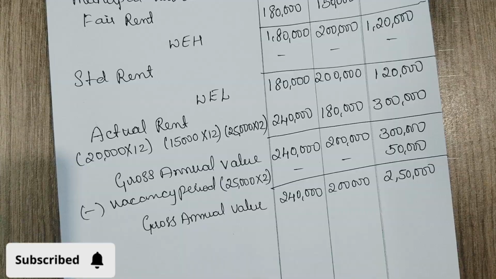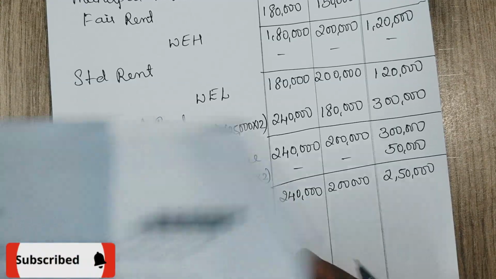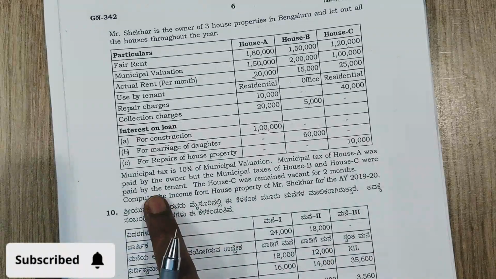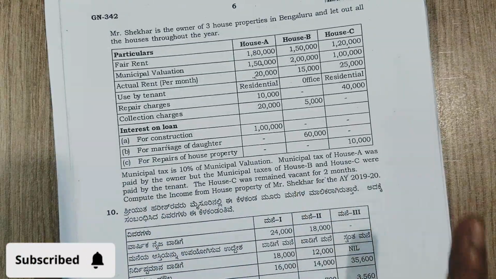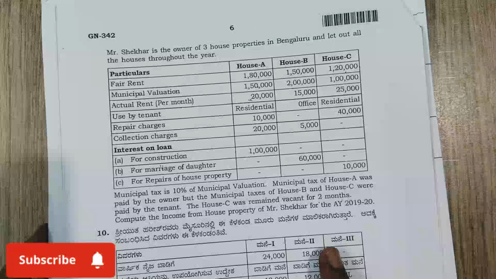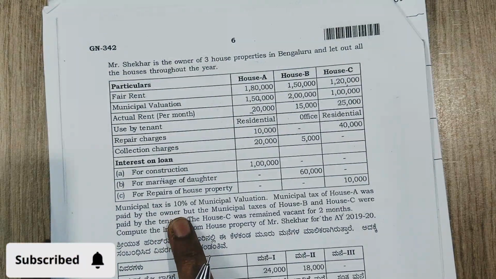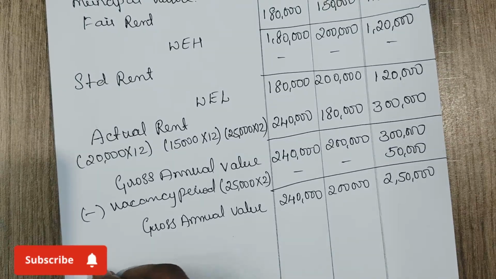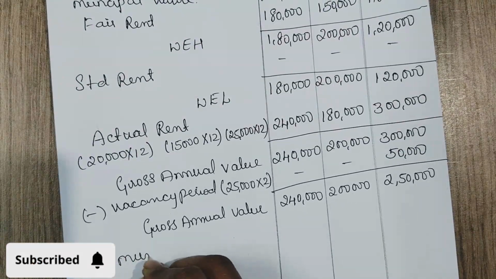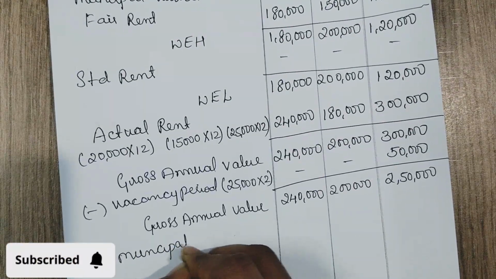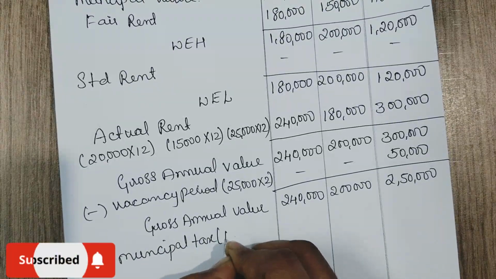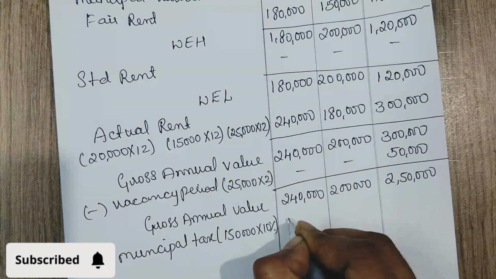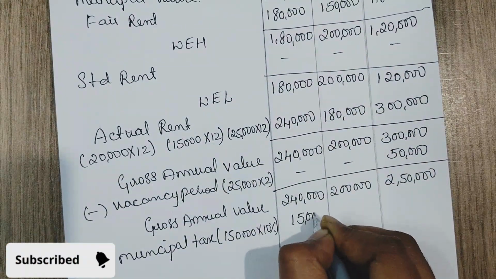Now, from this amount, you need to deduct the municipal tax. Municipal tax of house A is paid by owner. House B and C we are not going to consider because it is paid by the tenant. What is the percentage? It is 10%. 10% on 1,50,000 less municipal tax. 1,50,000 into 10% is 15,000.